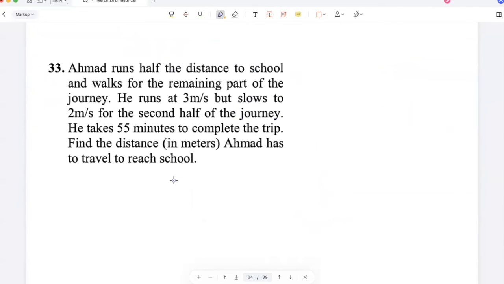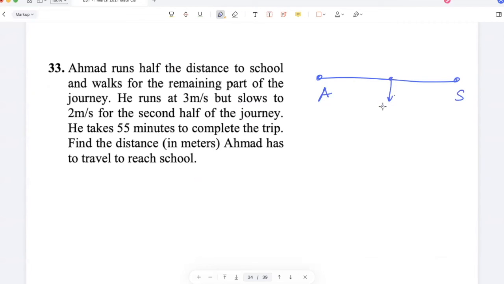Ahmed runs half the distance to school and walks for the remaining part of the journey. He runs at 3 meters per second, but slows to 2 meters per second for the second half. He takes 55 minutes to complete the trip. Find the distance that Ahmed has to travel. Okay. So let's say this is Ahmed and this is school.